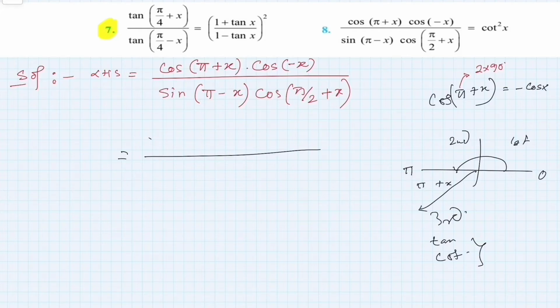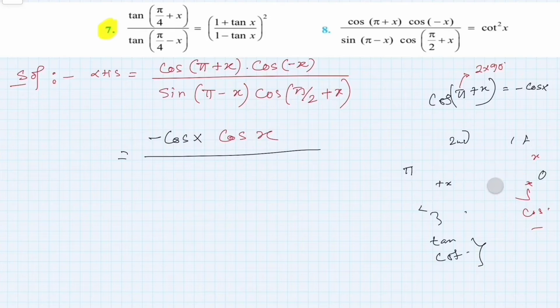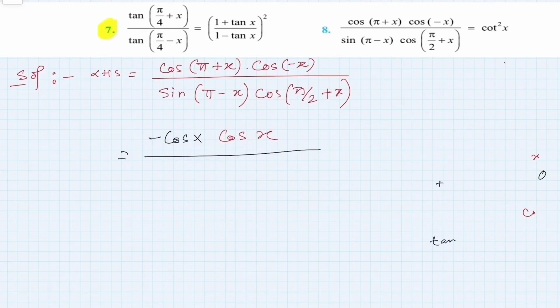So minus cos x, and cos of minus x: if this angle is x, then minus x will be this one. In the fourth quadrant cos is positive, so cos(-x) is cos x simply. Then sin(pi - x).